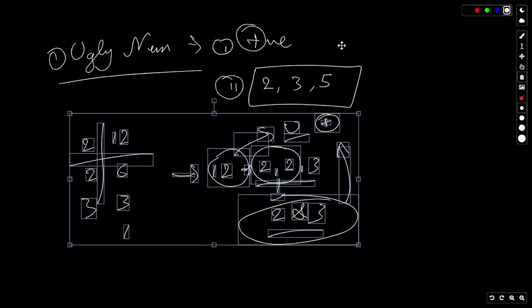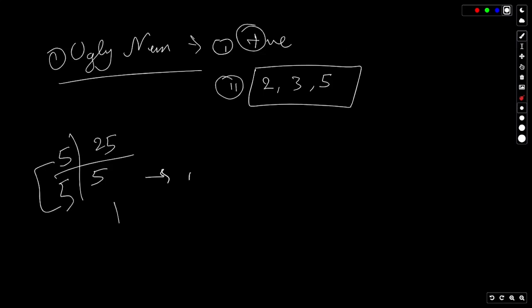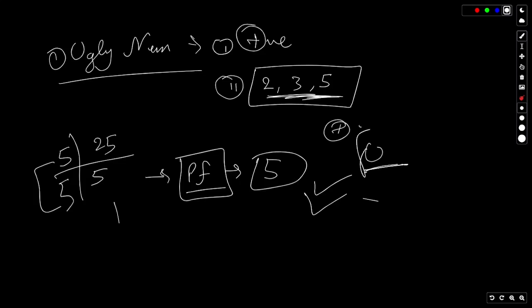Let us look at another example, let's say 25. That is 5 times 5, 5 times 1. The only prime factor in this number is 5. Since it is one of these three numbers, it can be considered an ugly number. It is positive and all of its prime factors are none other than 2, 3 or 5.